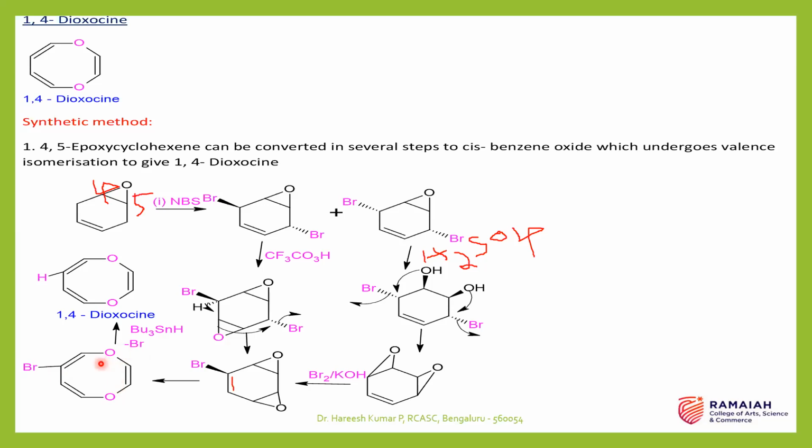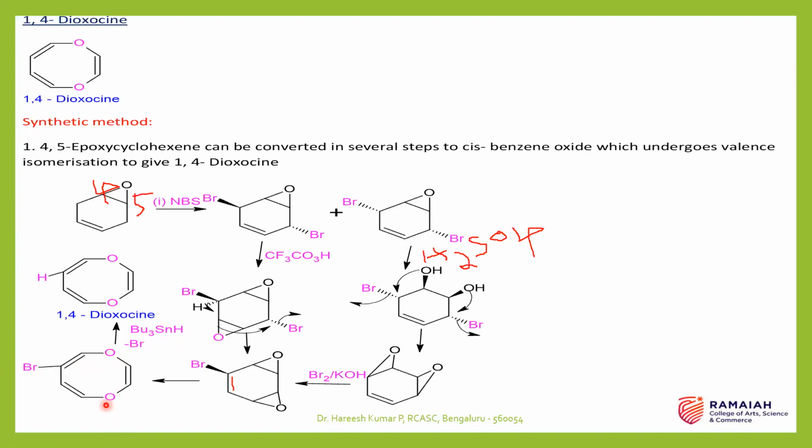So you can say 1, 2, 3, 4, 5, 6, 7, 7 bromo 1,4 dioxazine is obtained. This bromine can be replaced with hydrogen by treating with tributyl tin hydride. Tributyl tin hydride is nothing but a reduction only. It will act as a source of hydride.